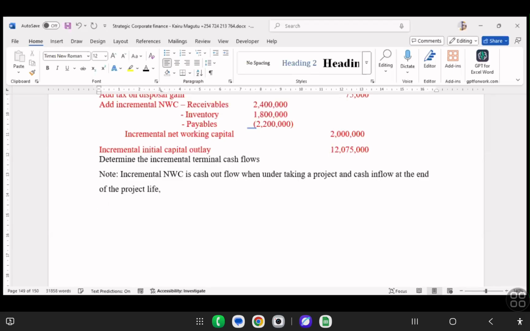I remember someone had asked this question, and I said I will respond to it at some point. So how do we get the incremental terminal cash flow?